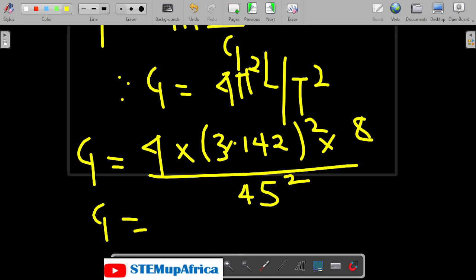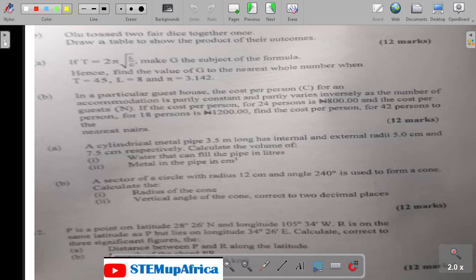So G is now what? I'm having 4 times 3.142 squared times 8 divided by 45 squared. So G will give us 0.156. That will be the value of G.